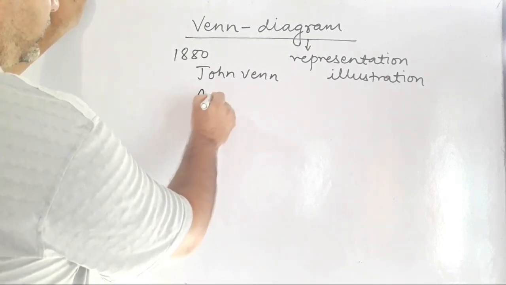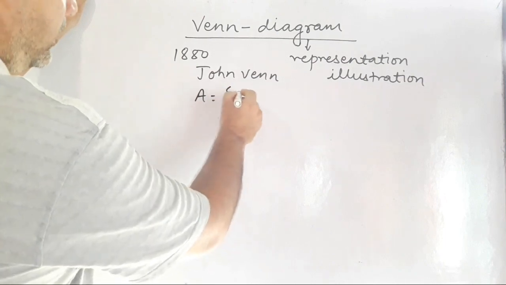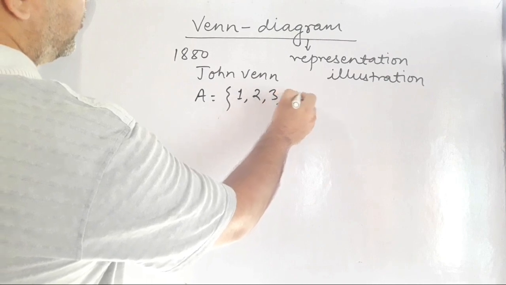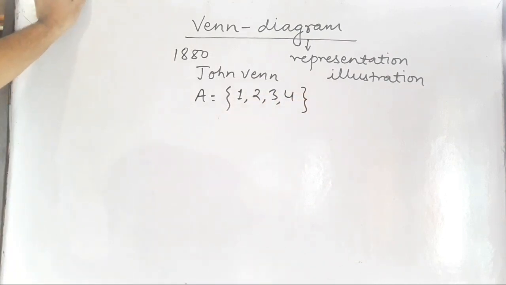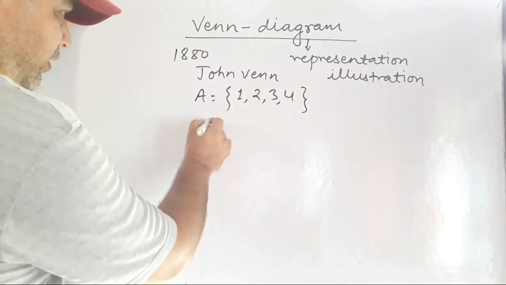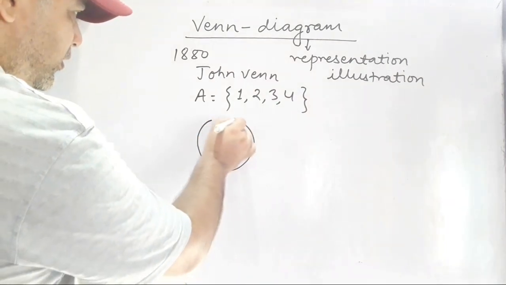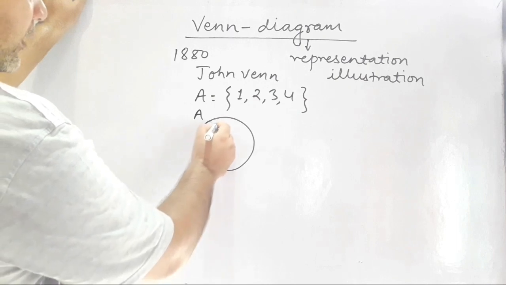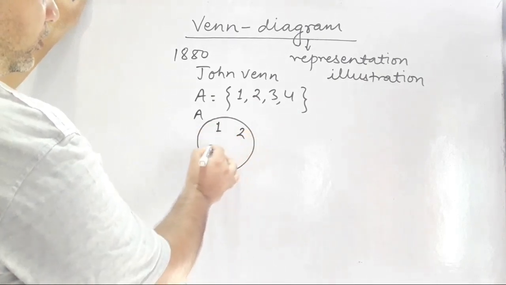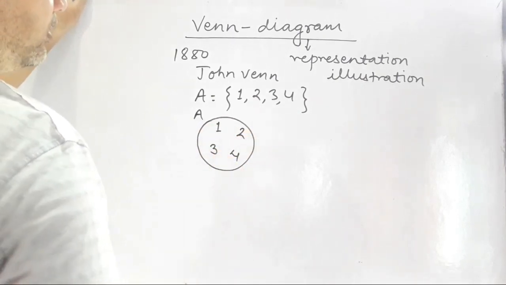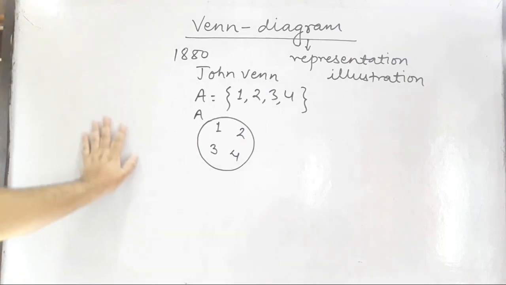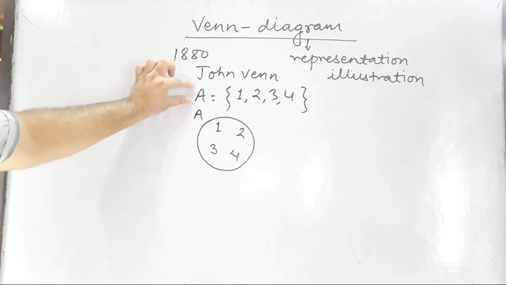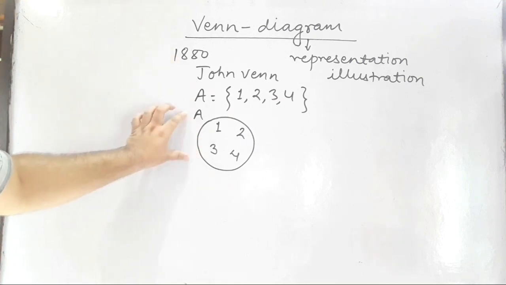So if there is a set A containing the elements 1, 2, 3, 4, then this set can be written in the form of a circle. This is set A, and the elements 1, 2, 3, 4 can be written in this circle, which is represented by A.